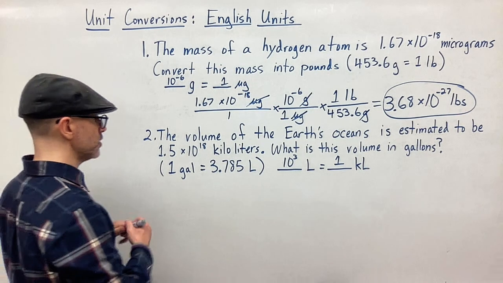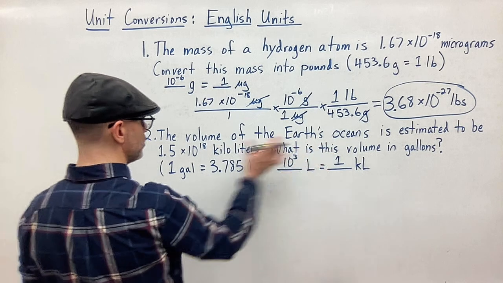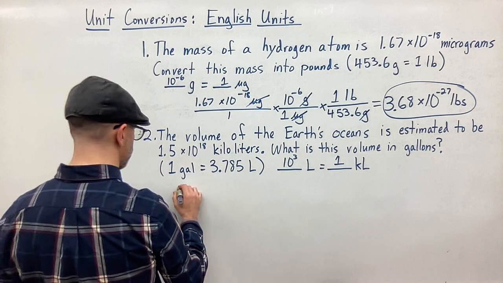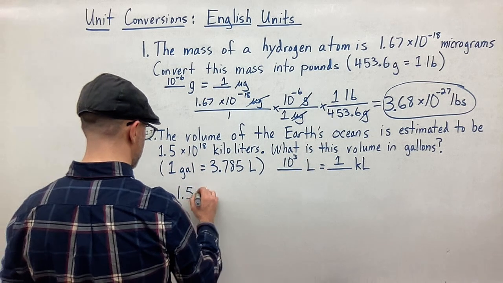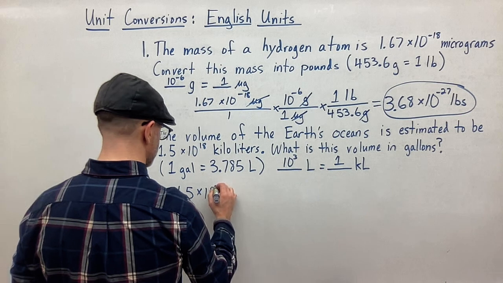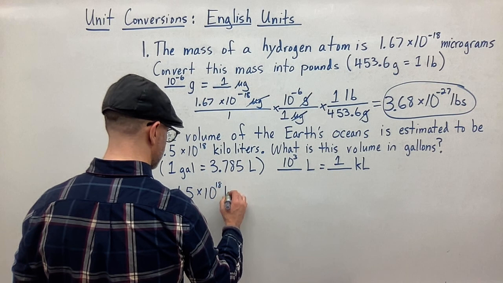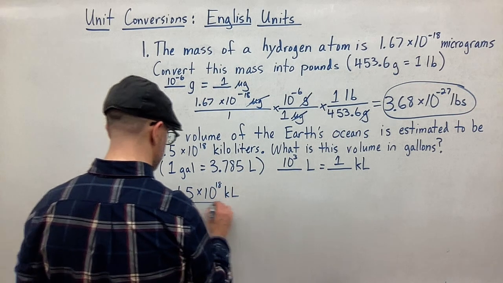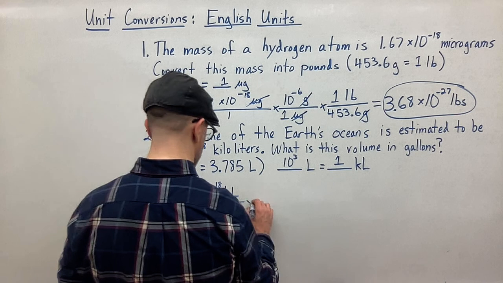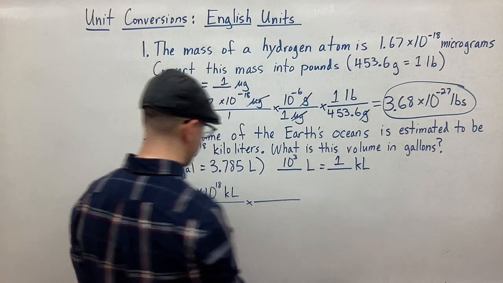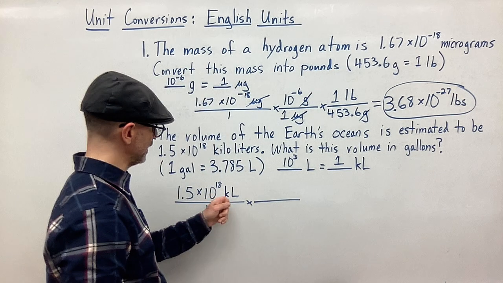So let's start this. We're going to start with the 1.5. So we have 1.5 times 10 to the 18 kiloliters over 1. And now we're going to multiply by our first conversion factor. I want to get the liters.